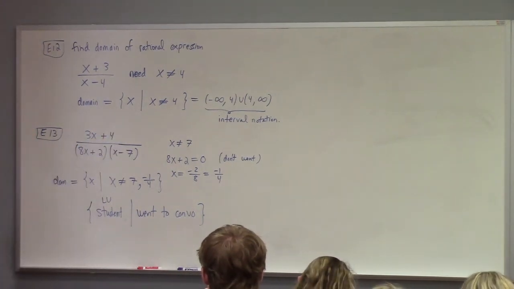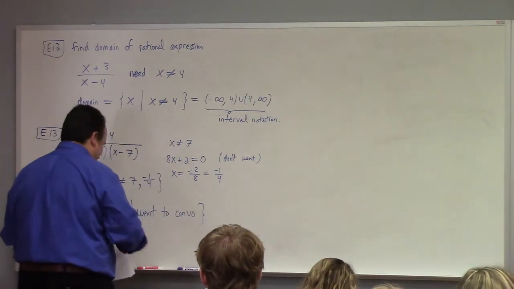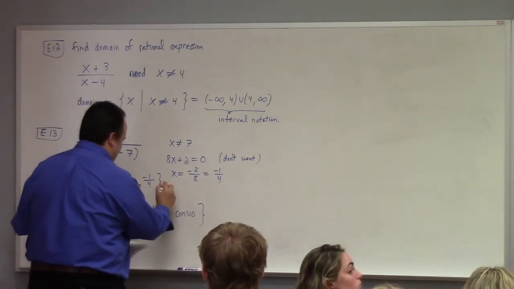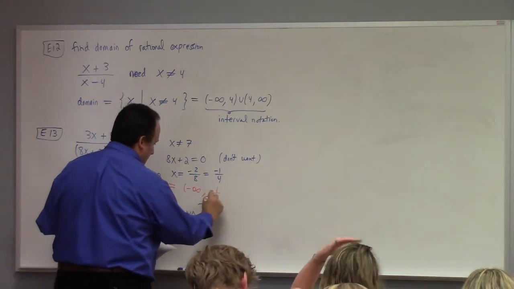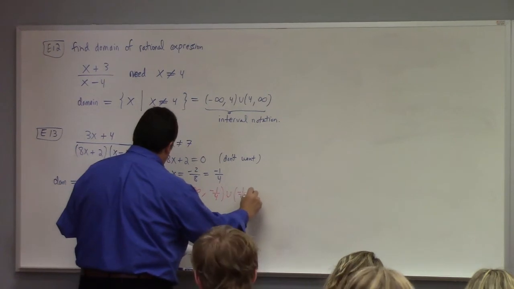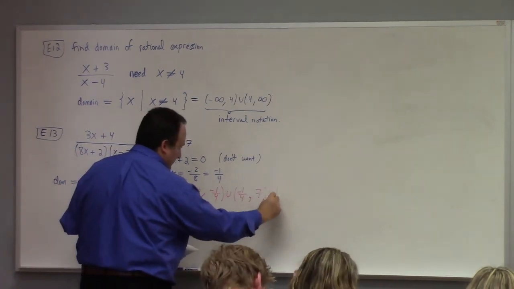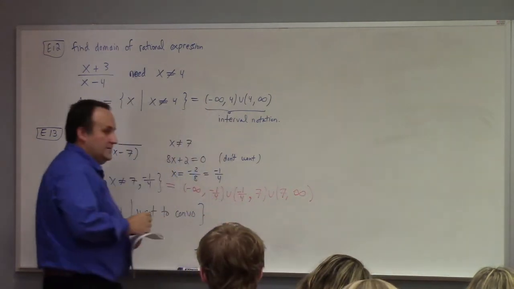How would you write that in interval notation? This one? Yeah. Minus infinity to minus a quarter, unioned with minus a quarter to 7, unioned with 7 to infinity. Like that.